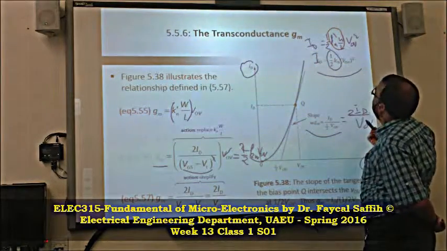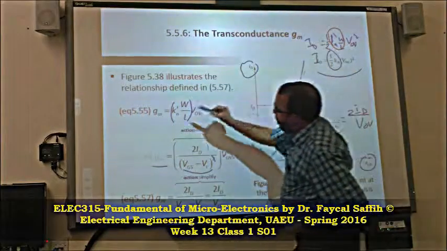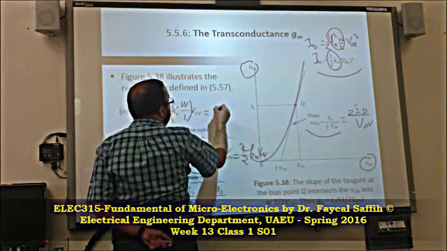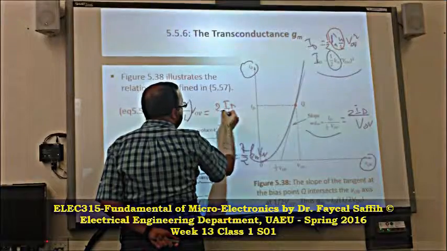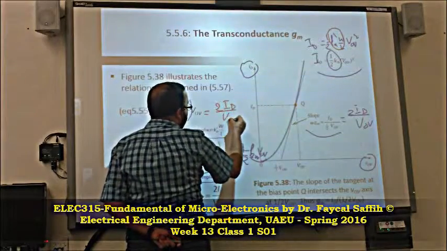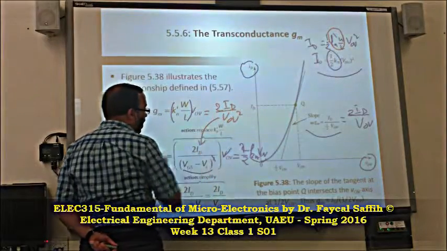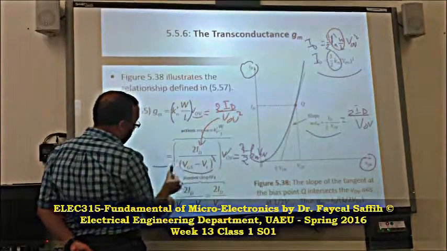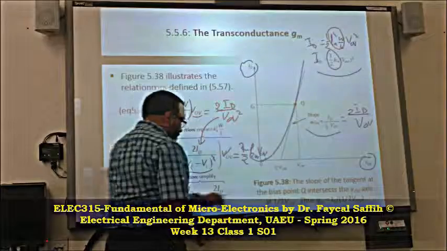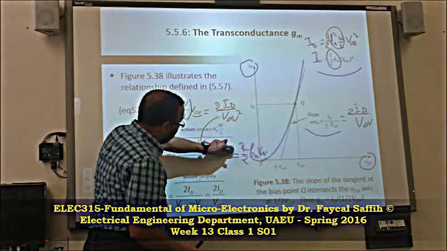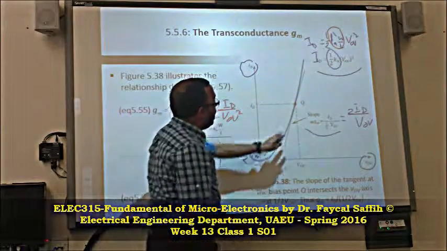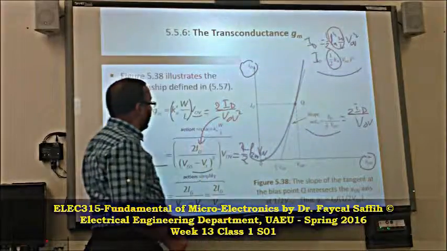When we apply it, we take this and put it here, but we still have this one in gm. Did you get the point? So this is the graphical way, and this is just the analytical way.